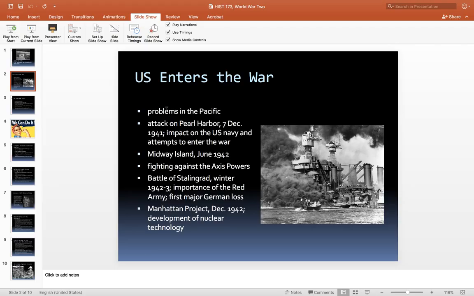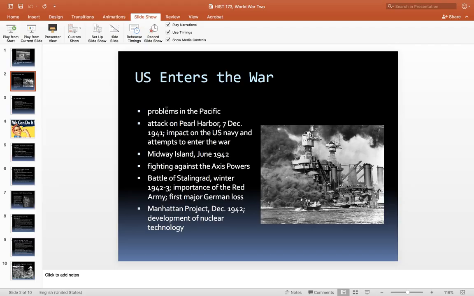And so this is a really serious moment when the United States' military installations, particularly the naval ships and the military installations in and around Honolulu, Hawaii, are attacked by a series of Japanese fighter jets on the morning of Sunday, December 7th.